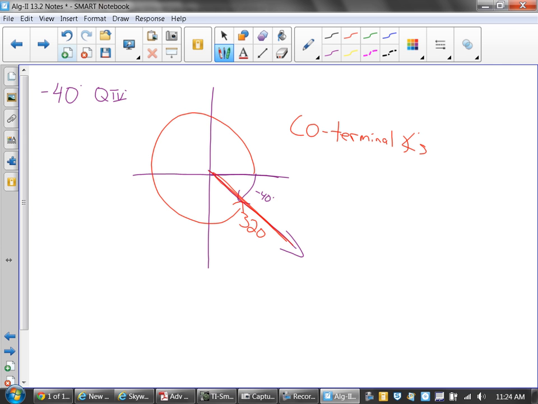What would be a positive coterminal angle of 90? All right, 90 is 90, but what's the positive coterminal of 90? Well, to get negative 270, what did you do? I added 2 to 360. Okay. Oh, so it would be.